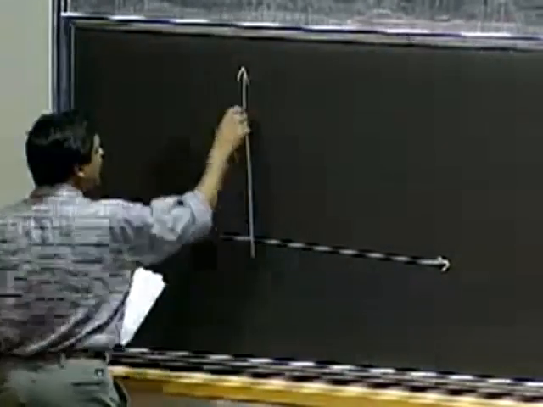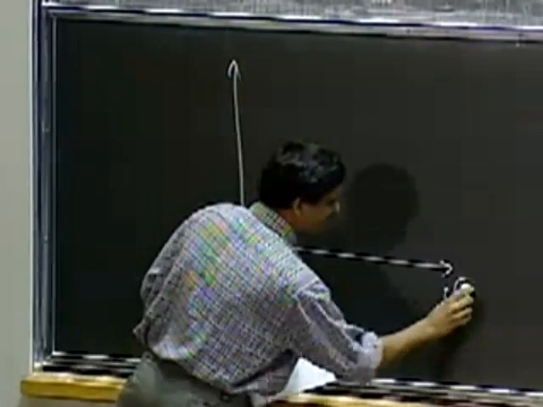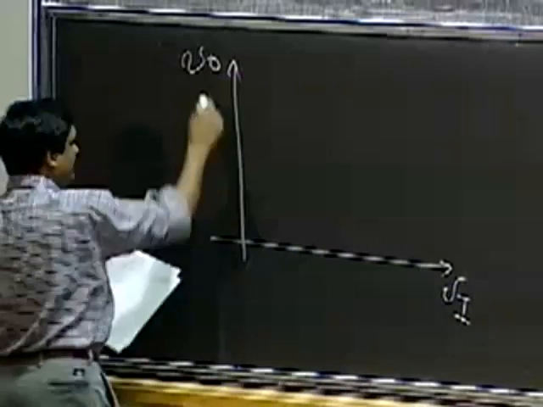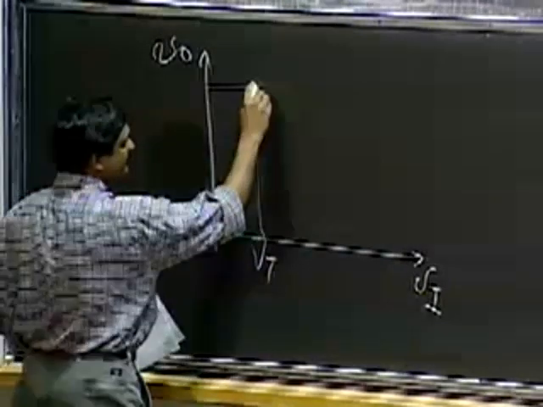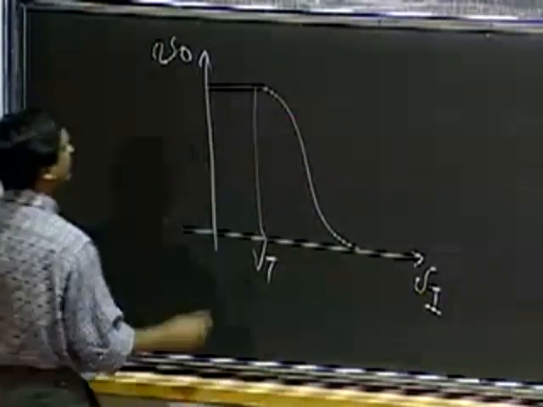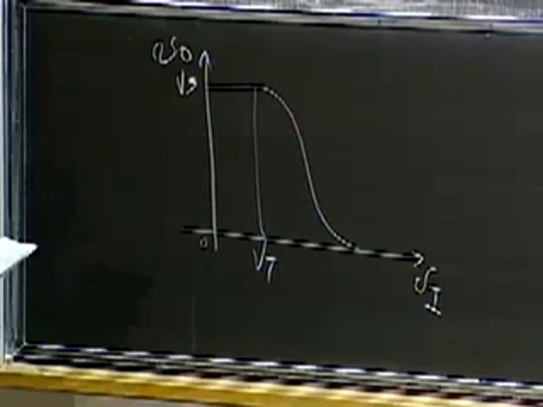So to very quickly revisit the input versus output characteristic, VI versus V0. This is VT, and this is VS. This is what things look like.